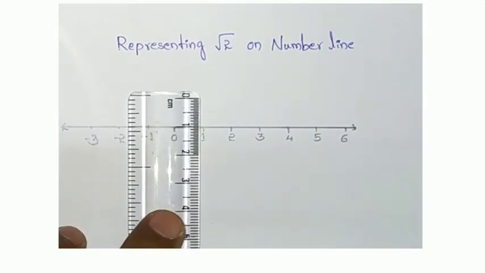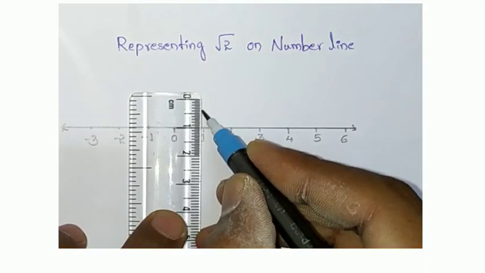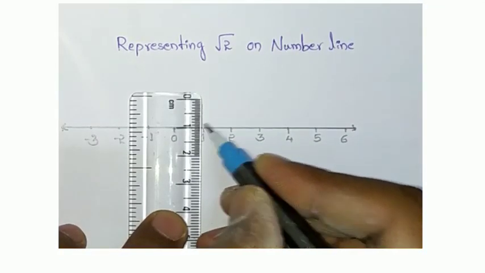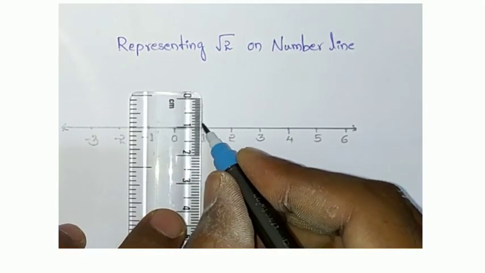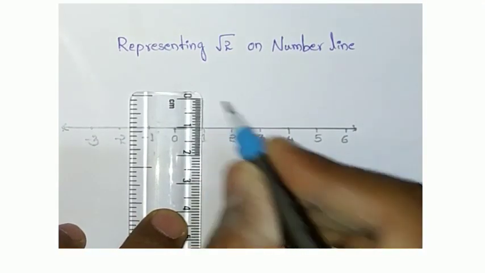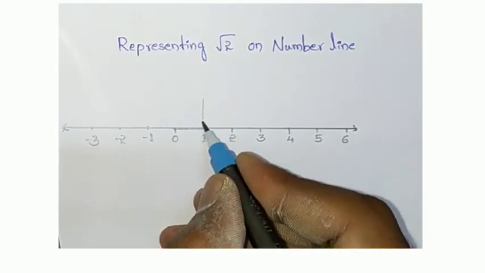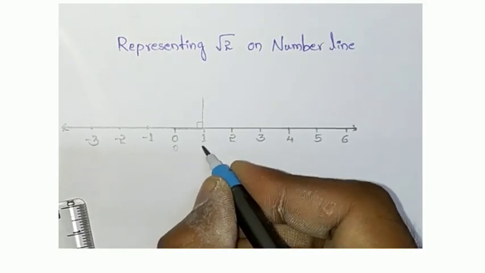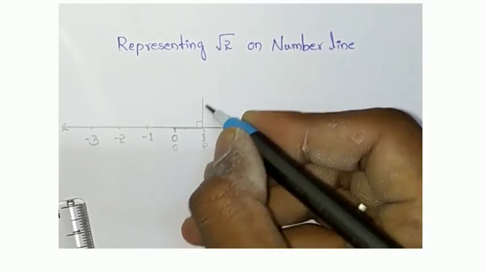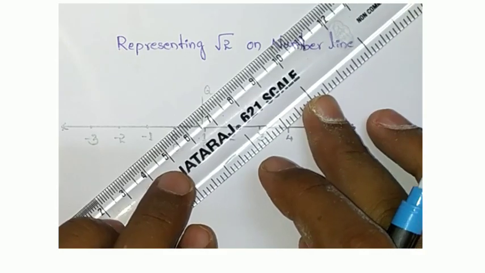From 1, draw a perpendicular line, which is also 1 centimeter. Taking 0 as O, 1 as P and this point as Q, join OQ.